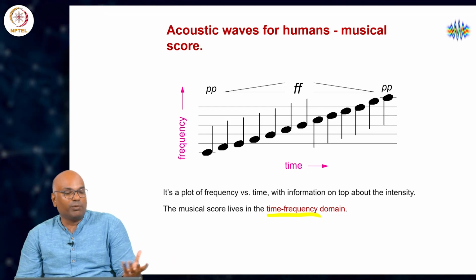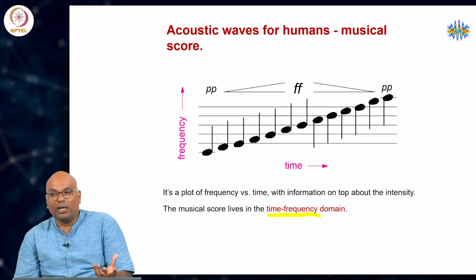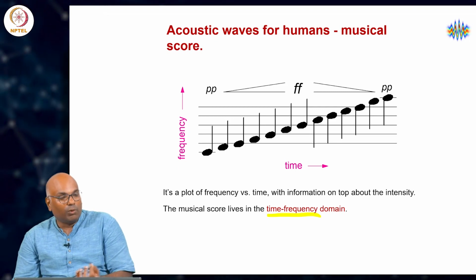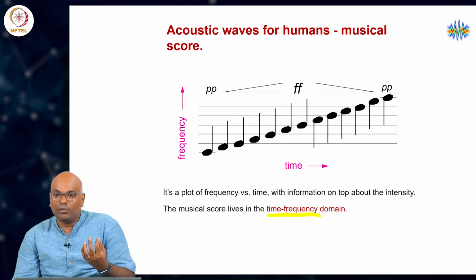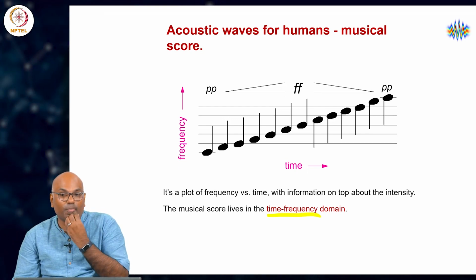The instantaneous frequency varies linearly in time. A quadratically chirped pulse has quadratically varying frequency, instantaneous frequency quadratically varying in time, right.